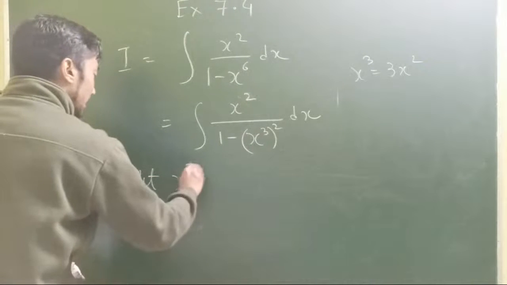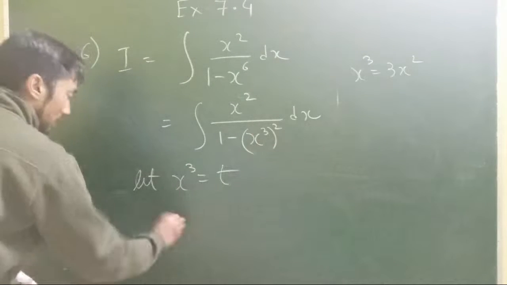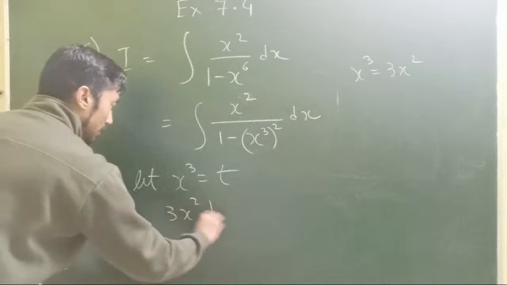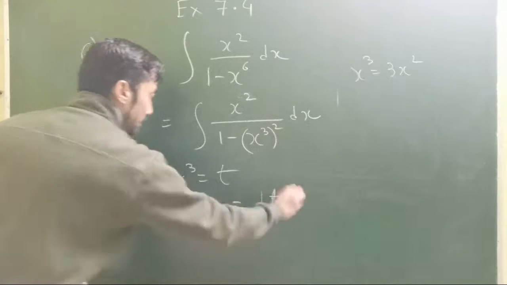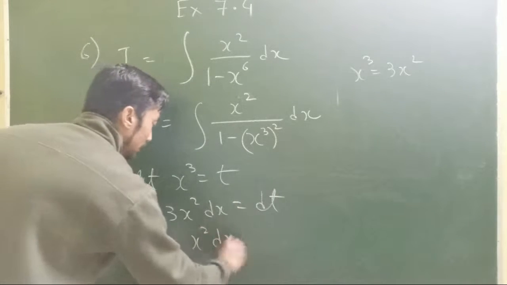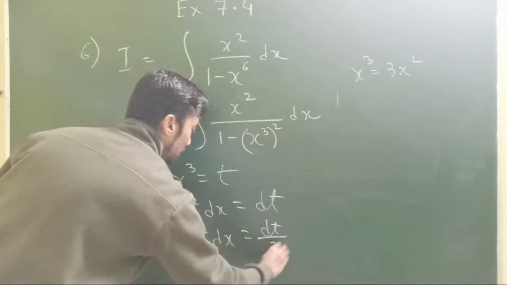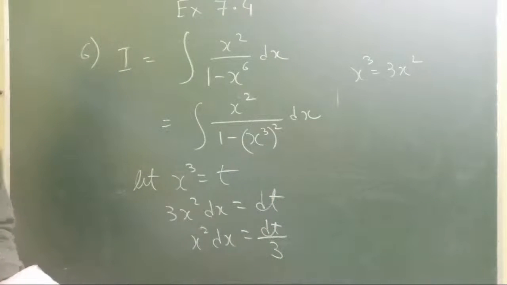Once that is done, I'll do the substitution. That is, let x cube be equal to t. Now differentiating, that will be 3x square dx equals dt. So x square dx will be substituted as dt by 3.